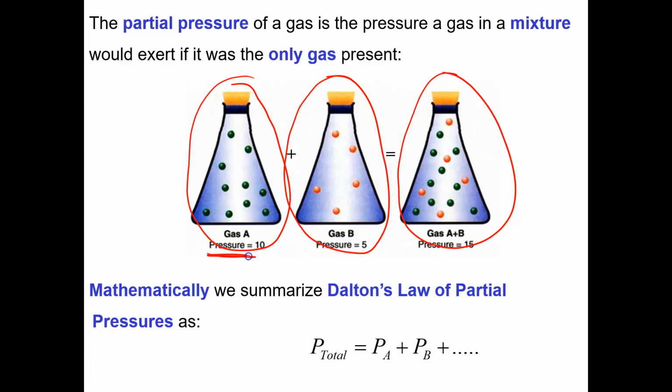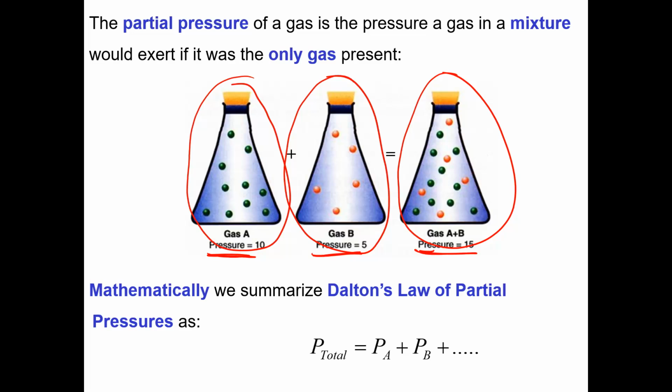And if we look at the pressure of the first one, we might measure that to be 10. We look at the pressure of the second one, we would measure that to be 5. But when we look at the pressure of the mixture, well, we find that it is a pressure of 15, which is just the sum of the pressures of the gases when they were in the container by themselves.